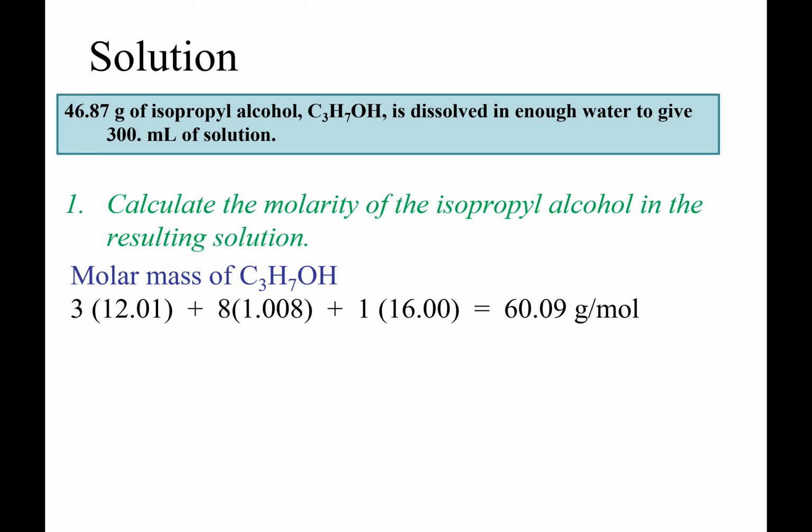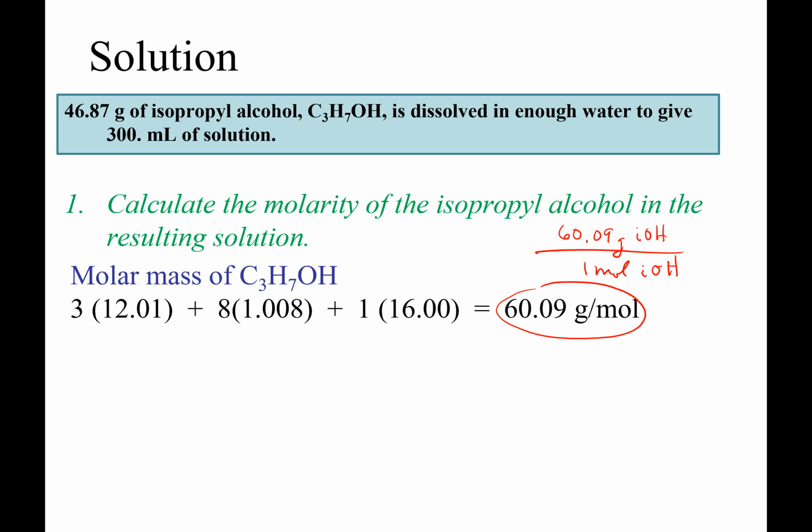We have 1 oxygen, so we take 1 times the decimal number for oxygen, 16.00. And you're looking at a molar mass of 60.09 grams per mole. As I've been saying, you need to be able to think of that as 60.09 grams of IOH per 1 mole of IOH, isopropyl alcohol.